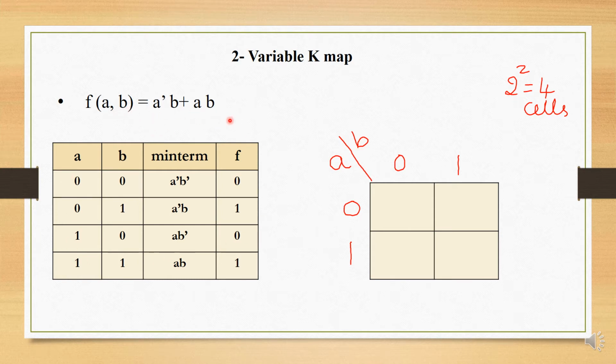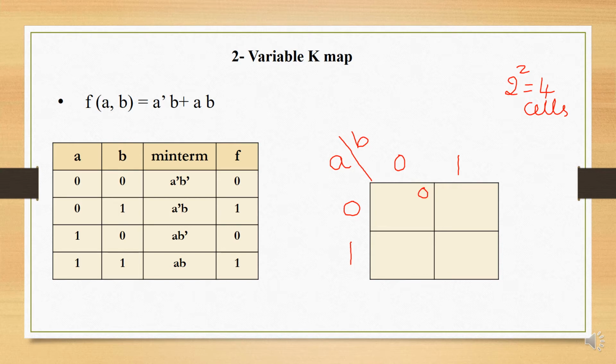The same thing has to be represented in the K-map. Now let us see the cell numbers which are defined for the K-map here. Let us look into each row and column. The first combination, A is 0, B is 0. You can see that A is 0 in this row and B is 0 in this column. So 0 and 0 will have cell number 0.